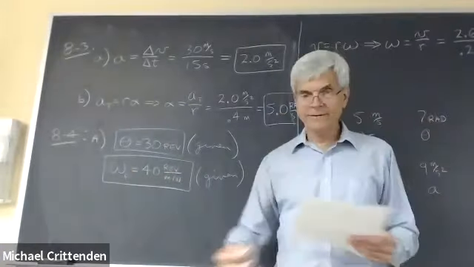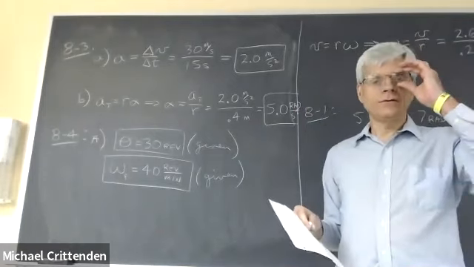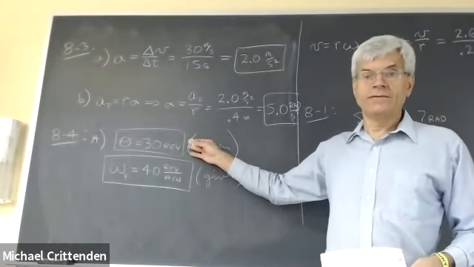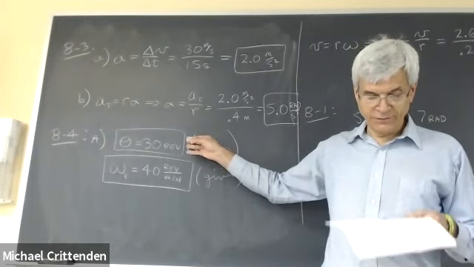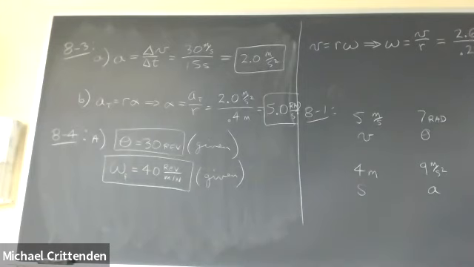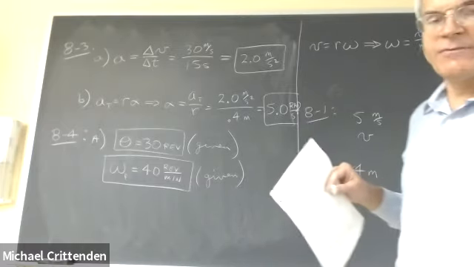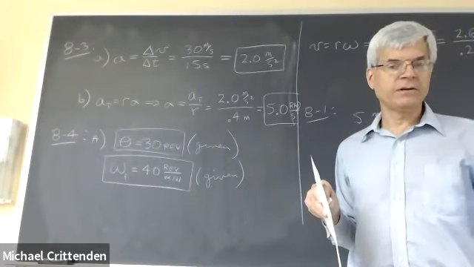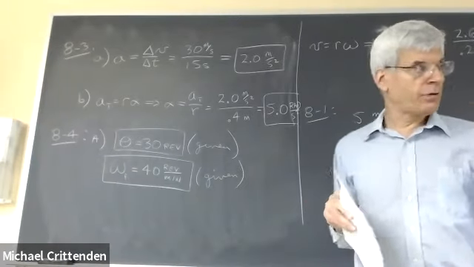I called it omega final because this is how fast it's spinning at the end of that 30 revolutions. And we're supposed to, at this time, find the angular acceleration.